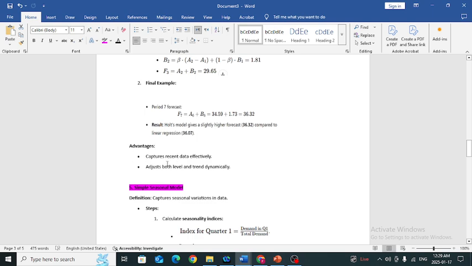The advantage of this model is that it captures recent data effectively and adjusts both level and trend dynamically.